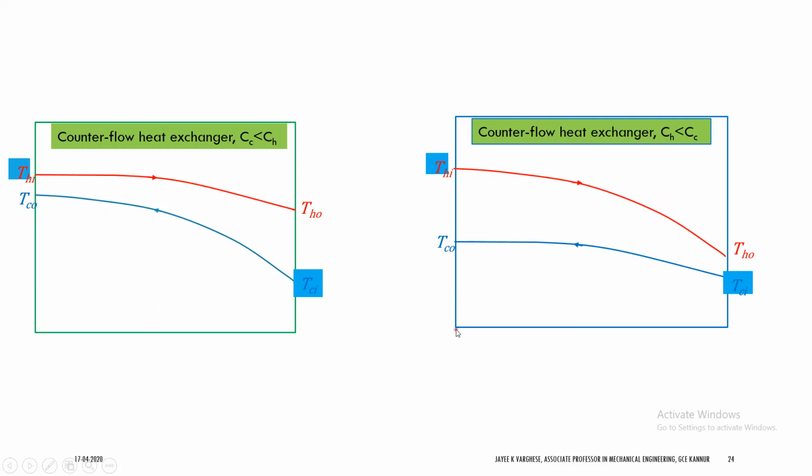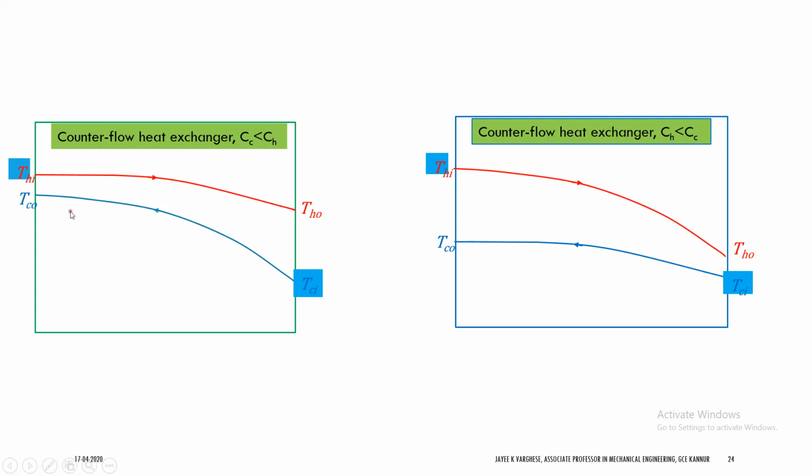Now another fact with regard to a heat exchanger is that let's assume the mass flow rates of the hot fluid as well as the cold fluid are fixed. So in any heat exchanger, the mass flow rate will be fixed. The inlet temperatures of the hot and cold fluids are also fixed.